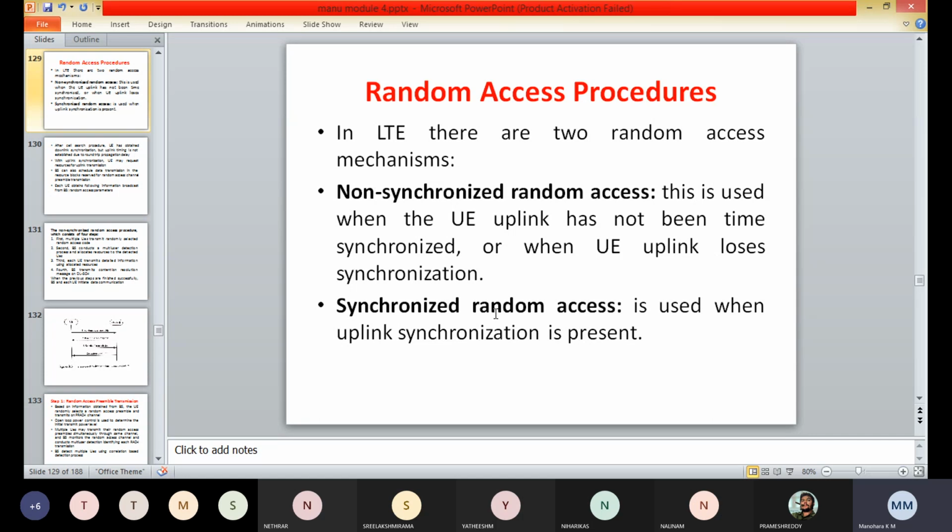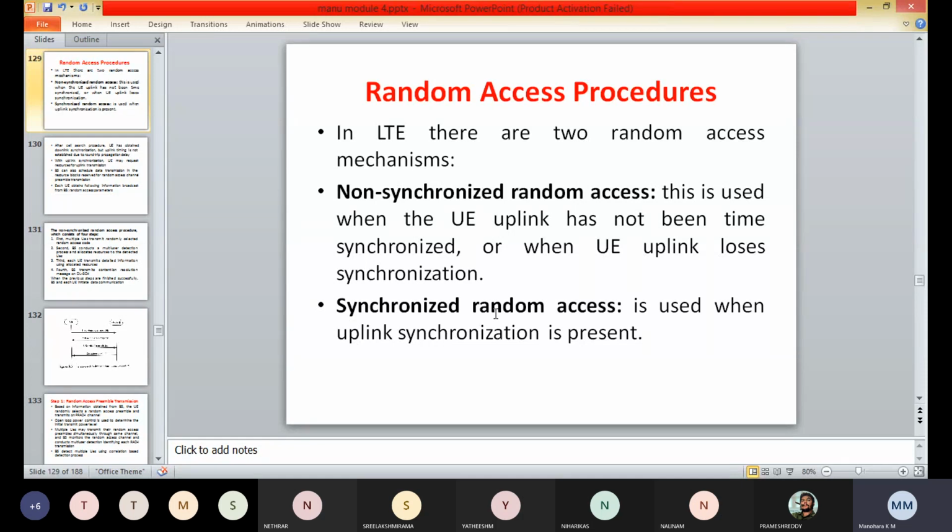Coming to the non-synchronized random access, it is used when the user equipment has not been time synchronized, or when the user equipment uplink loses the synchronization.